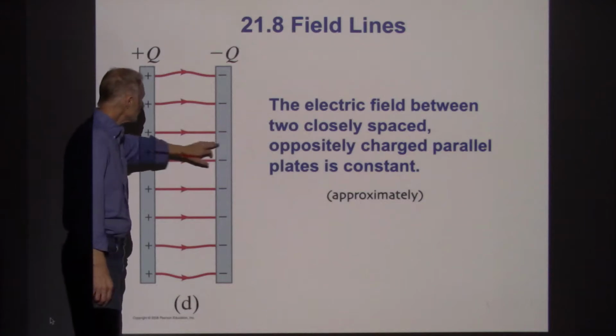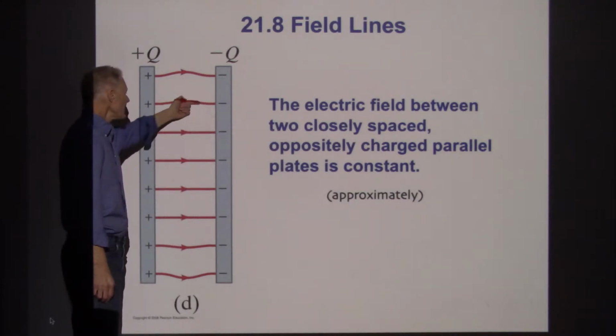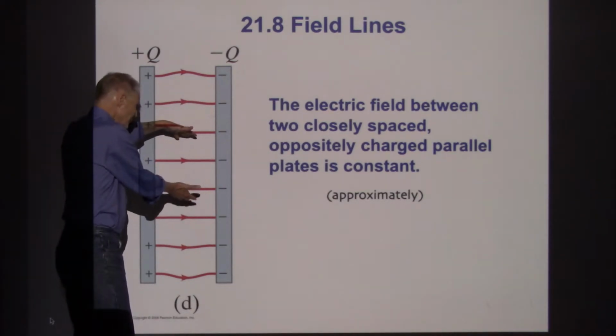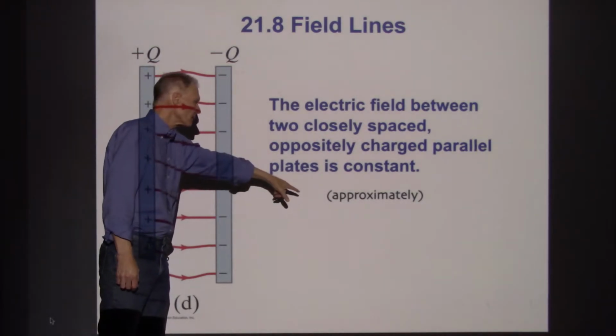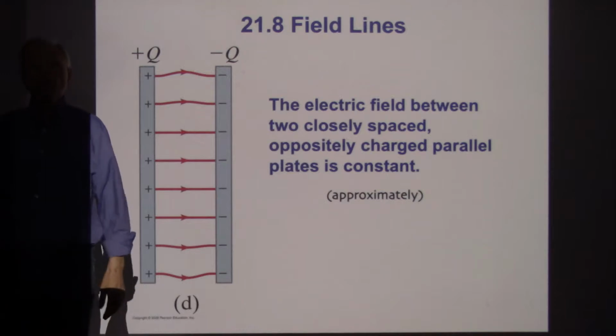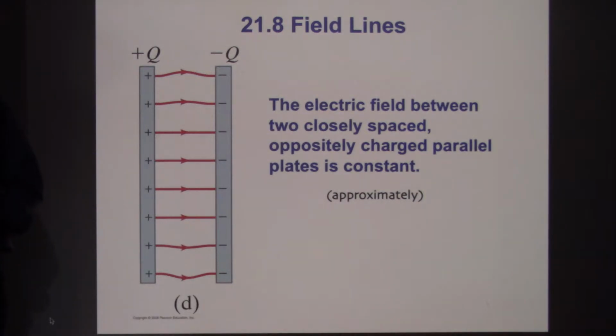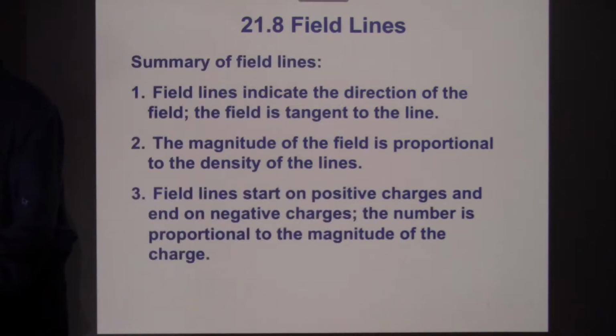So one of these plates gets charged positive, one negative, and what that does for us in the central region is it creates an electric field that's approximately, and this is a bit of an approximation, uniform. That's a really handy geometry to work from, and the field lines predict this.